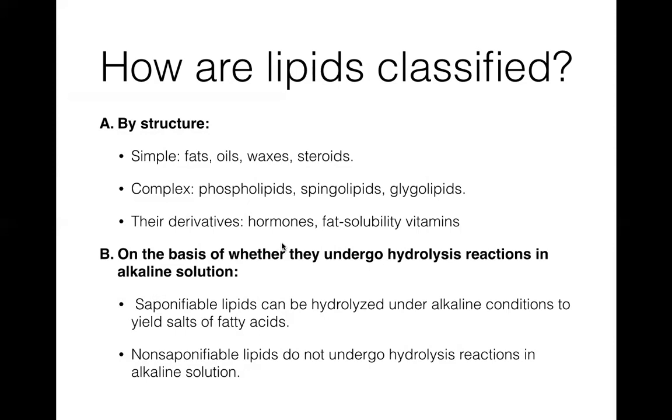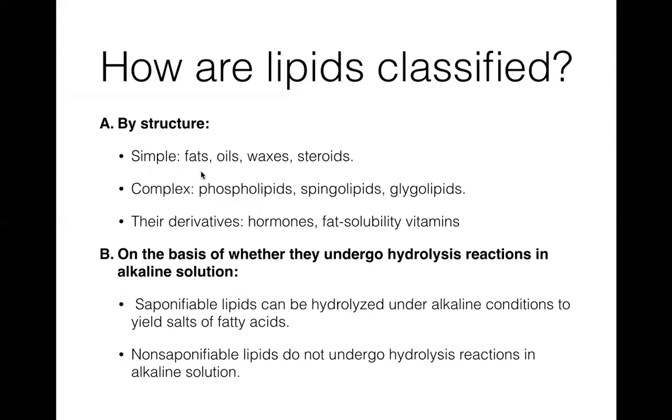So lipids can be either simple or complex. When we say simple, they have components that are made up of simple constituents like fats, oils, waxes, and steroids. If they have components other than lipids, we call them complex lipids.